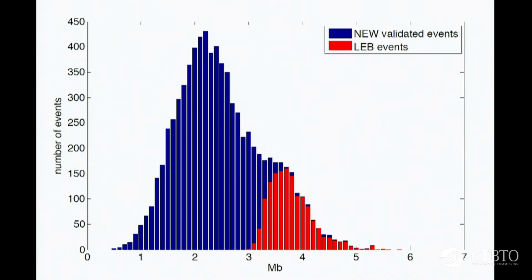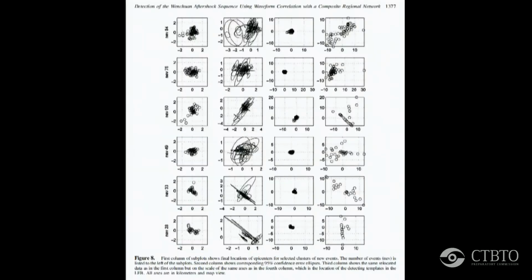Shown in this way, the red are the templates used to detect in blue the additional, about 5 times more events, and then to relocate everything is shown here, a diagram somewhat similar to one I showed before, again with this concept of events being located like this, one at a time, but actually the aftershocks are clustering.